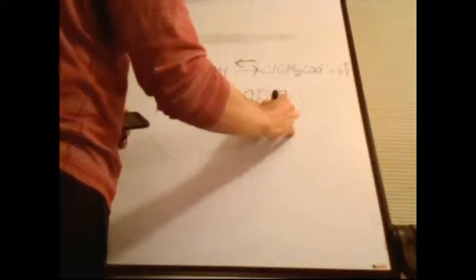So that'll be ClCH2COOH, the concentration of that. So they told us it's 11% ionized, which means that if we have the 0.1 molarity of the acid, then 11% of that is going to break up into the ions.